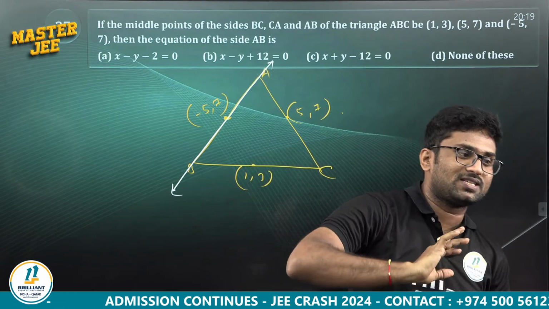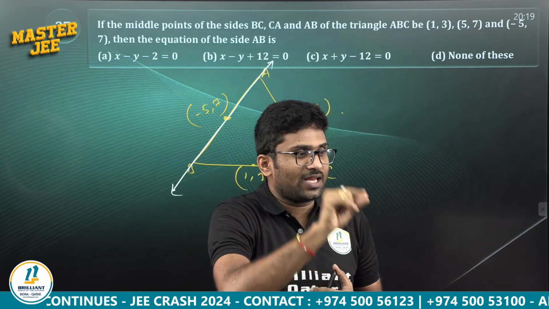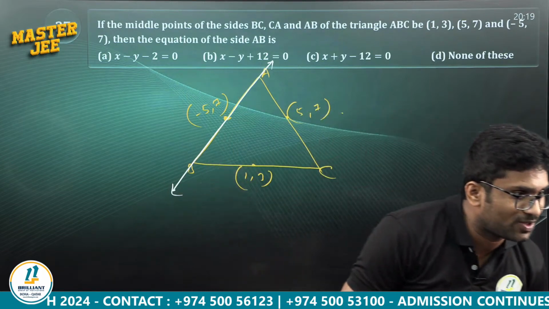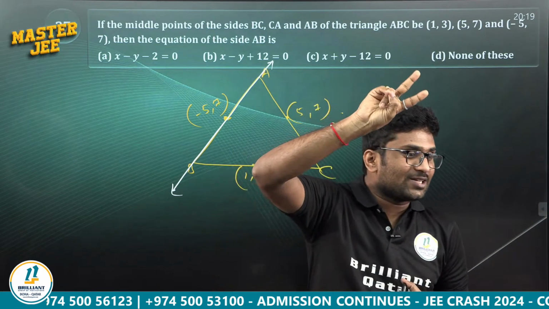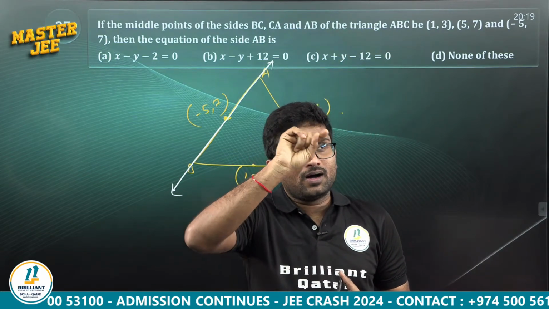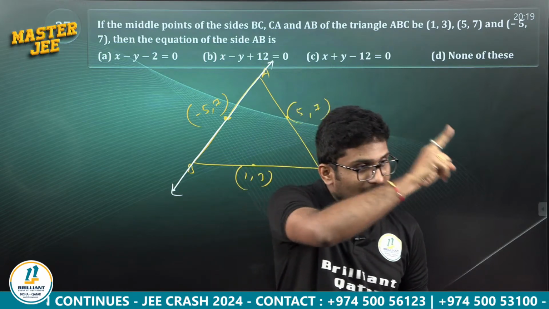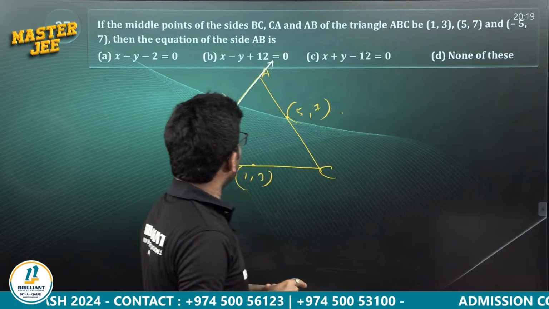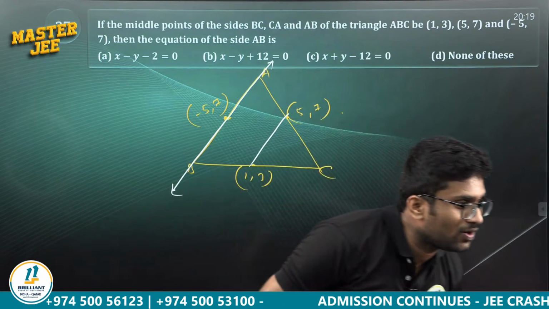In grade 9 and 10, around 2021-22, for each one we make mistakes. In that year there was a chapter called triangles. In it we used to join the midpoints of two sides. Yes, exactly.